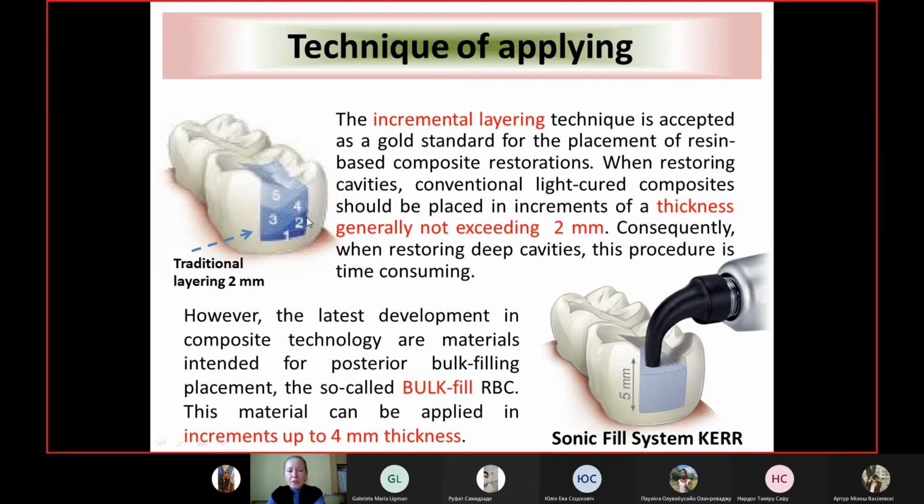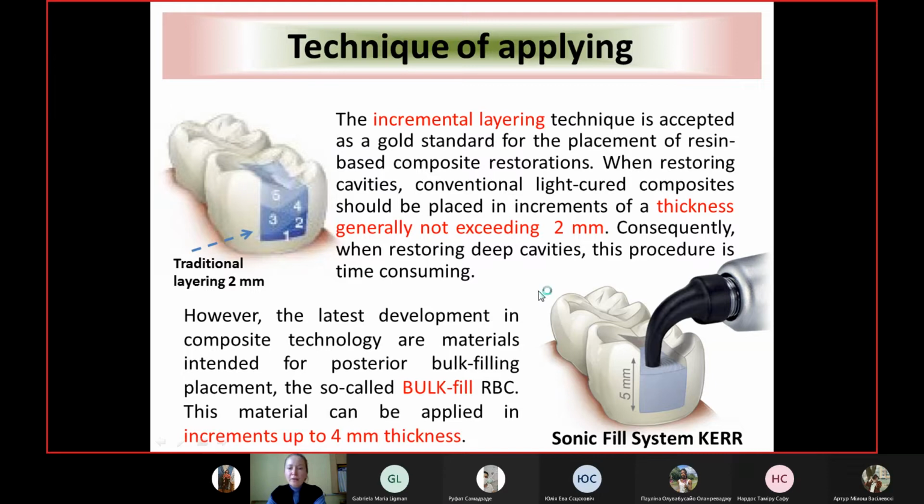It is recommended to put material on the wall and on the floor of the cavity. Here on this picture the first is flowable composite, and second, 3, 4, and 5 are layers of resin light curing composite material. Thickness of each layer is not more than 2 millimeters.